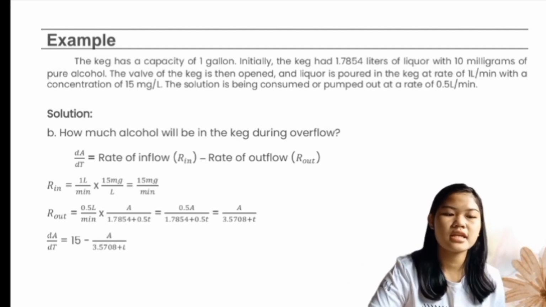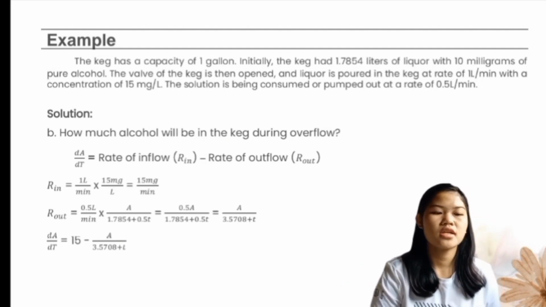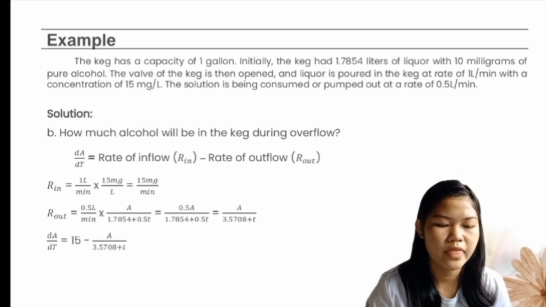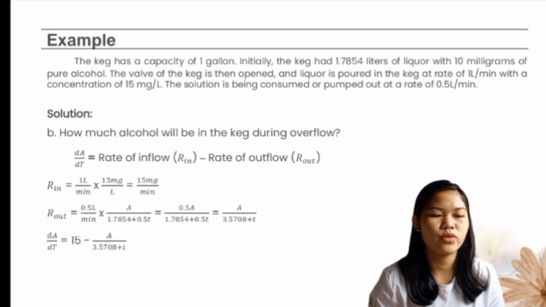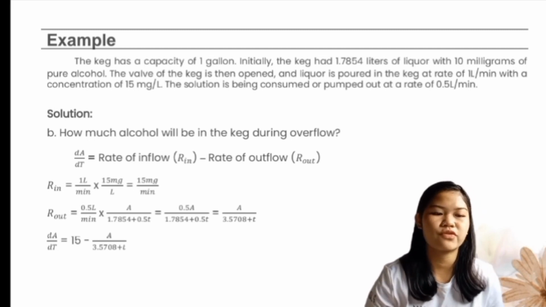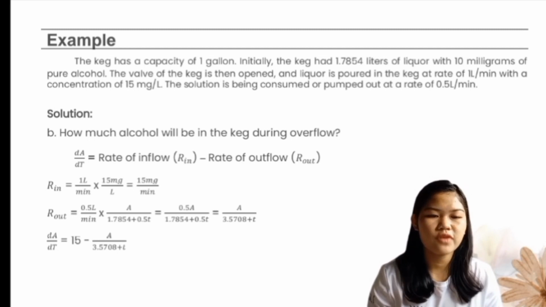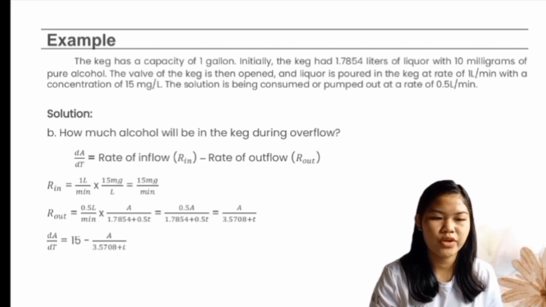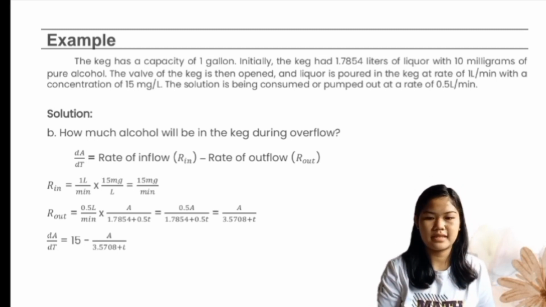Let's plug this into our original equation. So the rate of change of A with respect to t is equal to our rate of inflow, which is 15 over 1, that's 15, minus the rate of outflow, which is A over 3.5708 plus t.